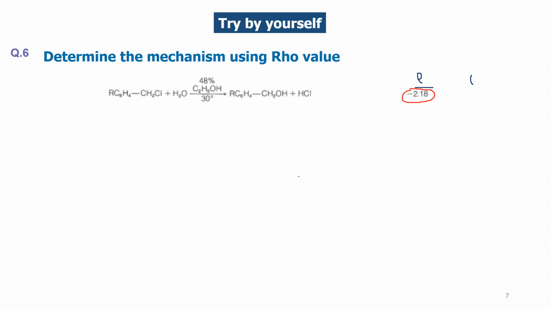So whenever there is a negative rho value, it means the rate increases with an electron donating group, and the rate decreases with an electron withdrawing group.